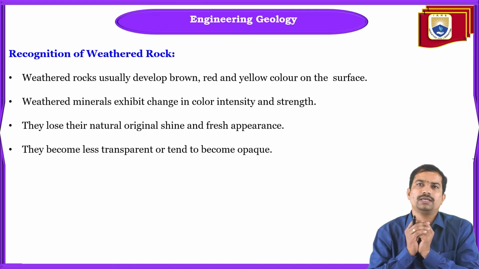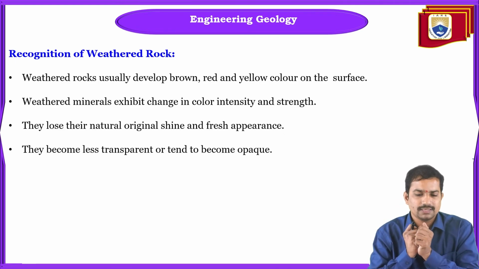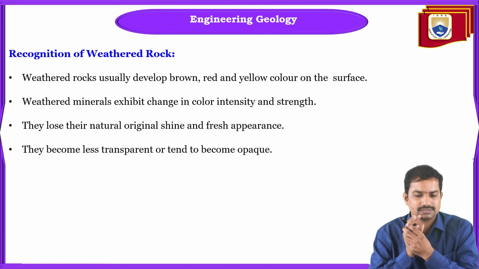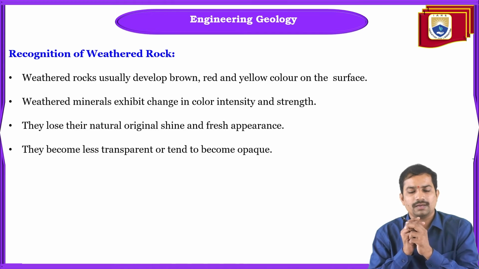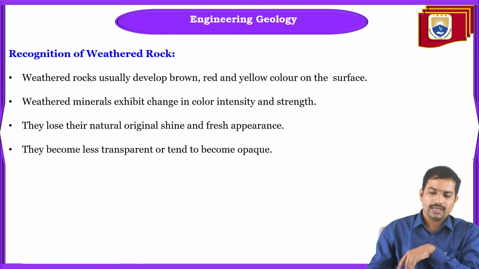Weathering of rocks usually develops brown, red, and yellow color on the surface. Weathered material usually exhibits a change in color intensity and strength. They lose their natural original shine and fresh appearance, and also become less transparent or tend to become opaque.